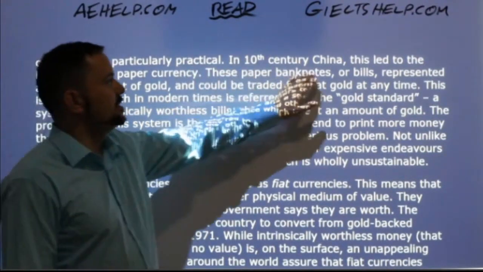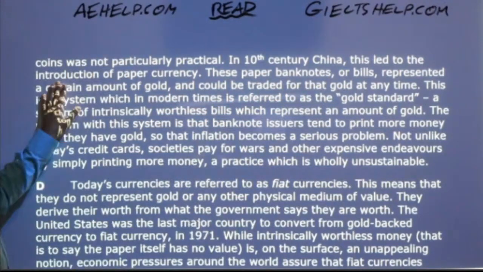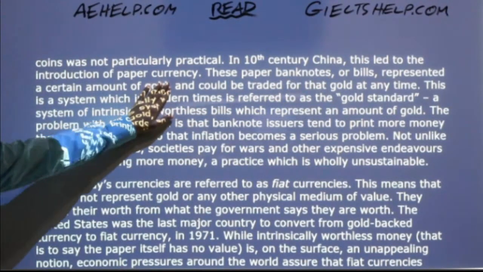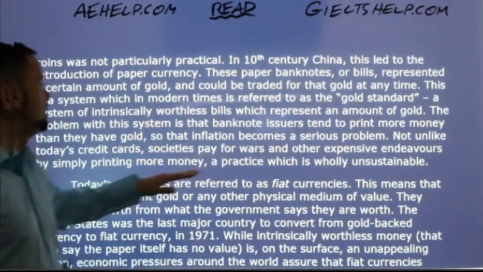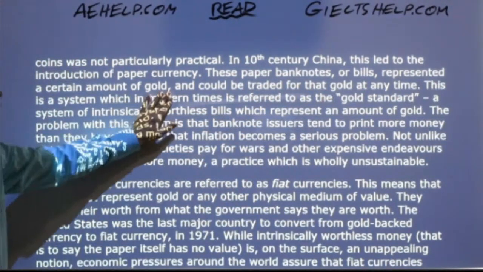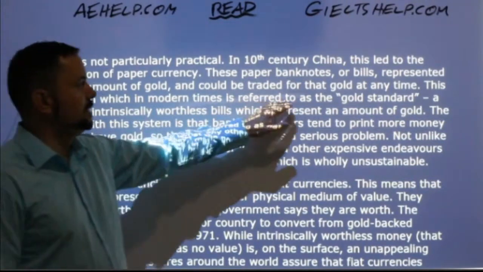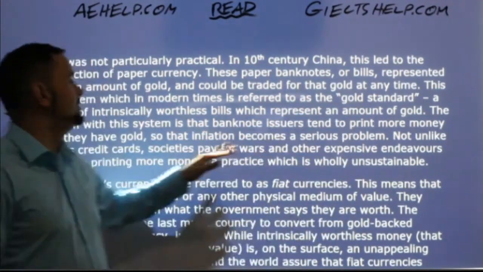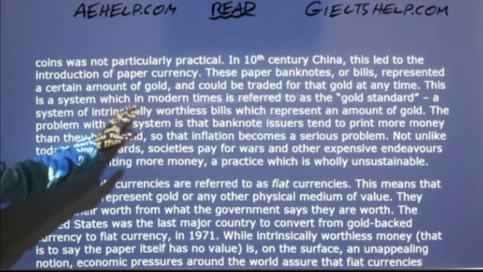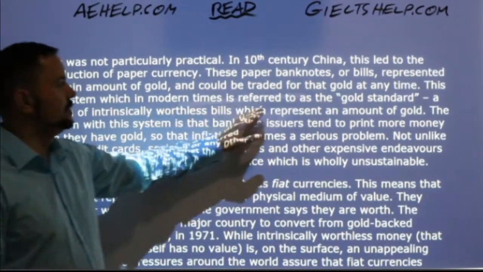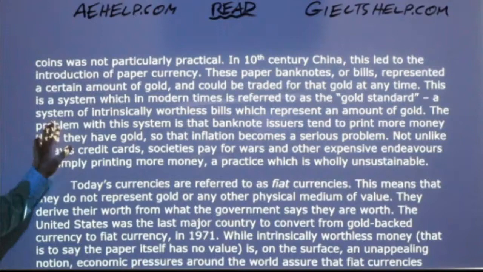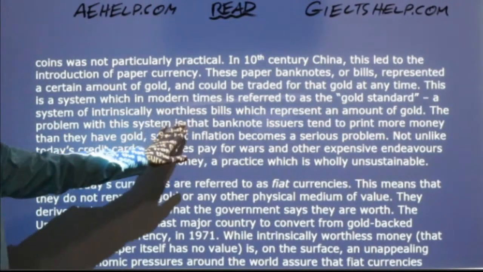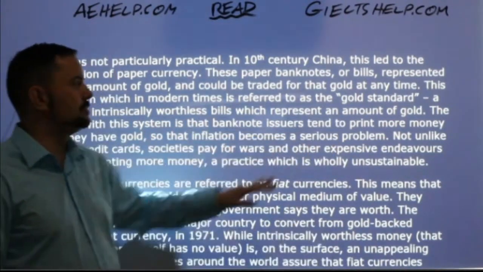In 10th century China, this led to the introduction of paper currency. These paper banknotes or bills represented a certain amount of gold and could be traded for that gold at any time. This is a system which in modern times is referred to as the gold standard, a system of intrinsically worthless bills which represent an amount of gold.